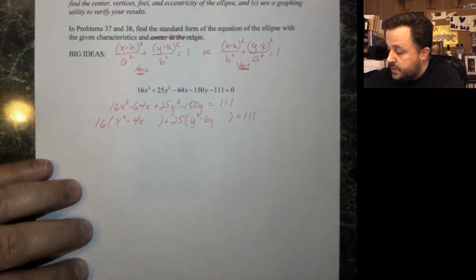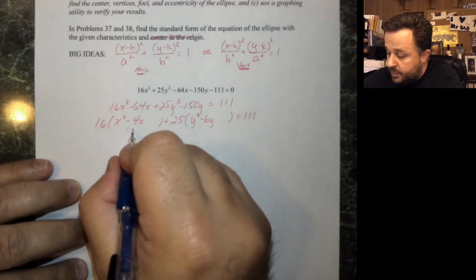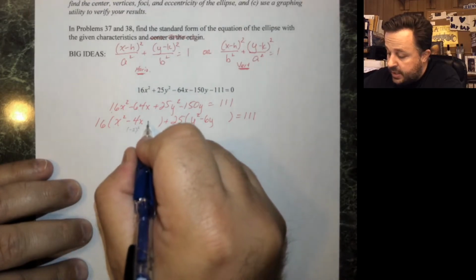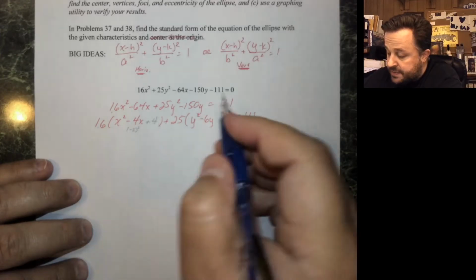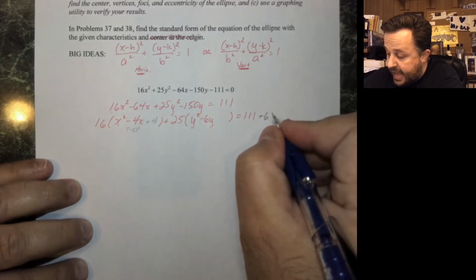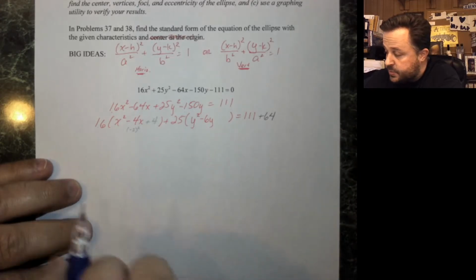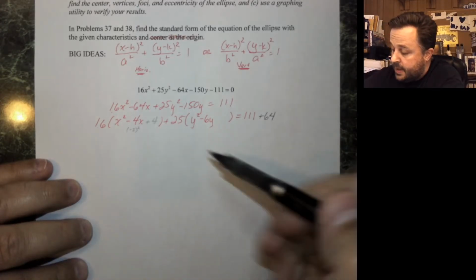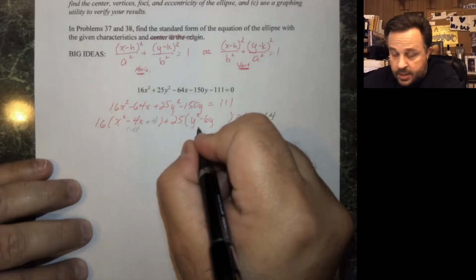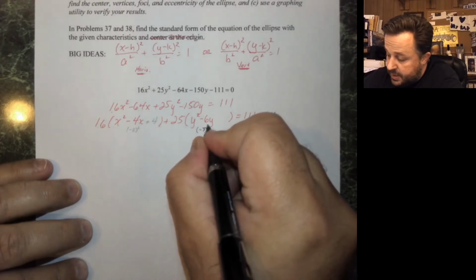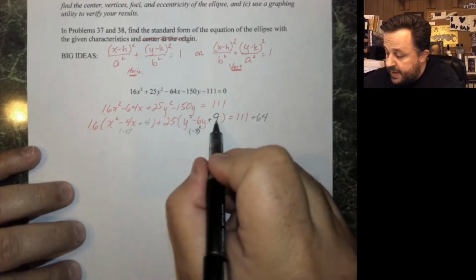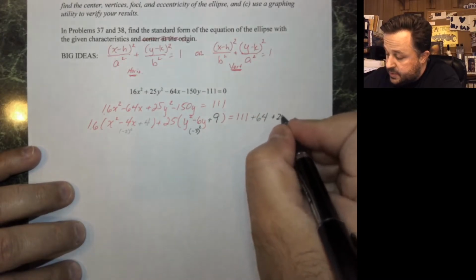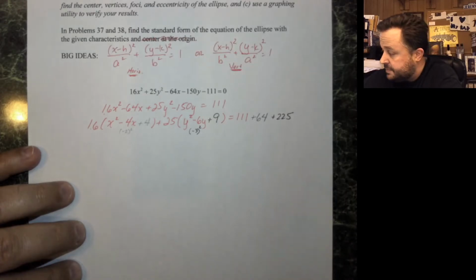So first, we take half of negative 4, which is negative 2, square it. That gives me plus 4, which means we are changing this entire left side by 64, so we add 64 on the other side as well. Here, half of negative 6 is negative 3. Negative 3 squared is 9. 25 times 9 is 225.